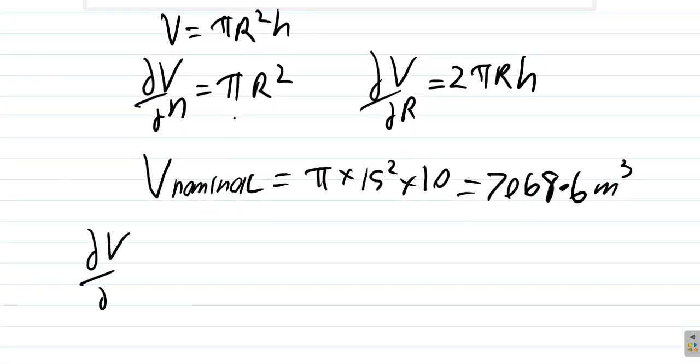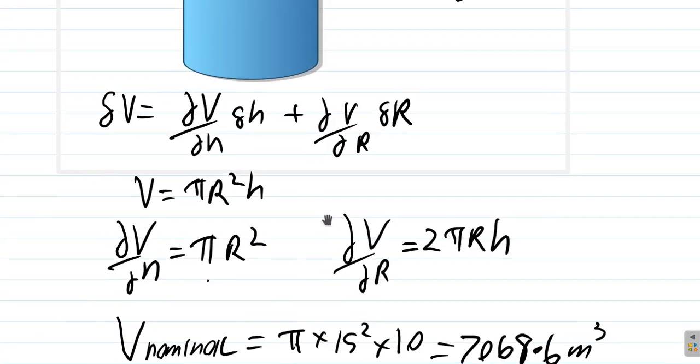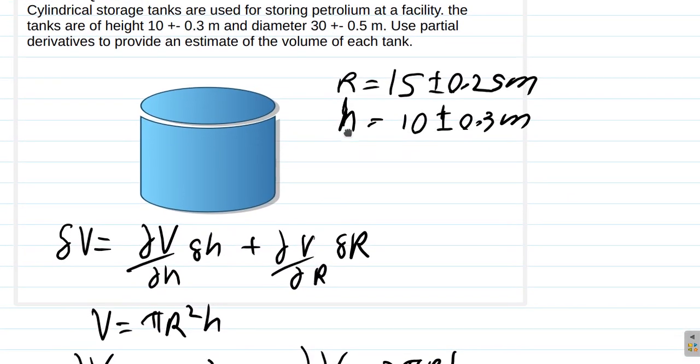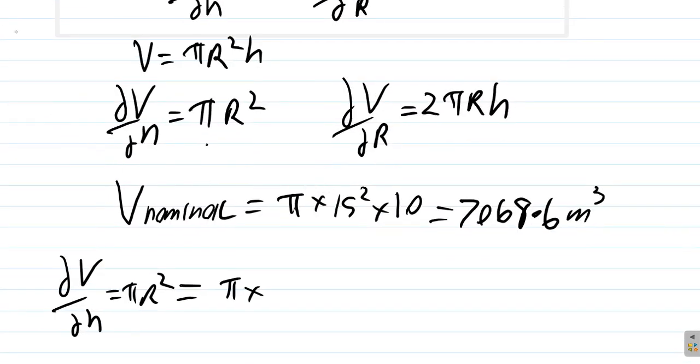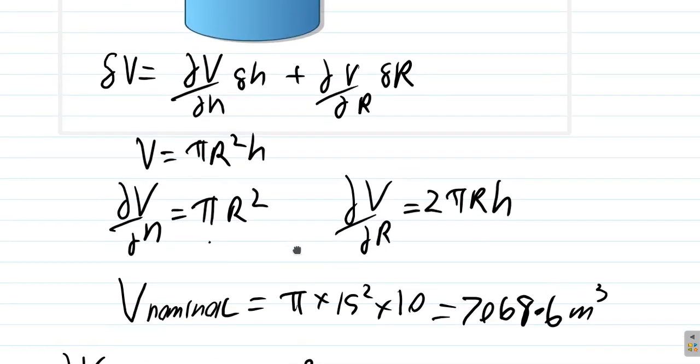Delta V by delta H is pi r squared, which is equal to what? Pi times radius squared, 15 squared. Yeah, 15 squared. Alright. So that's delta V by delta H.